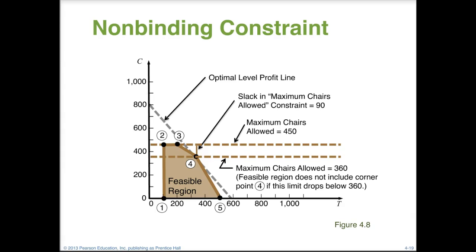If we look at this, everything else staying the same except for that, this is the C equals 450 line here, and this is the C equals 360 line there. And of course, our optimum level profit line originally goes to 0.4 right here.